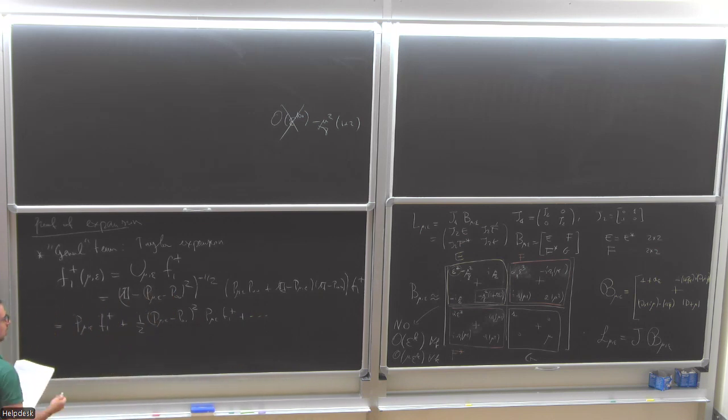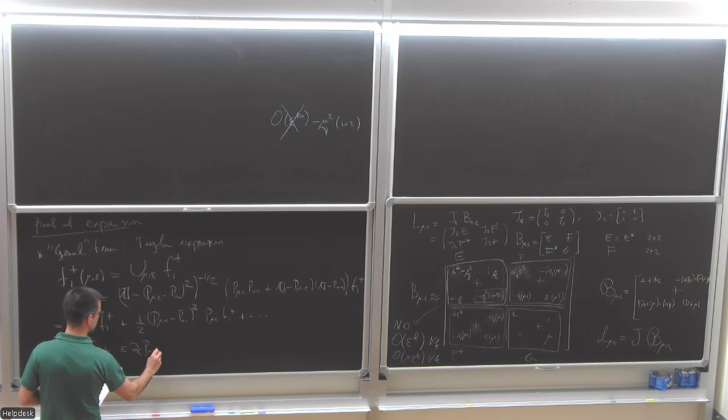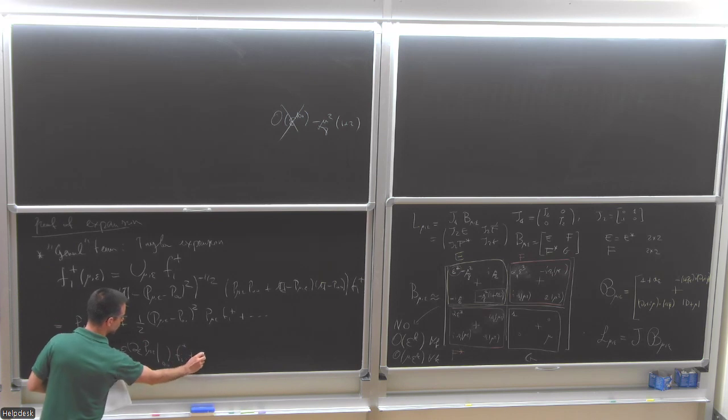Then you keep expanding the projectors, and so you get the projector at first order is the unperturbed eigenvector f_1 plus, and then there is a correction, so we say epsilon times the derivative with respect to epsilon of P_{\mu\epsilon} evaluated at 0 acting on f_1 plus, and so on.